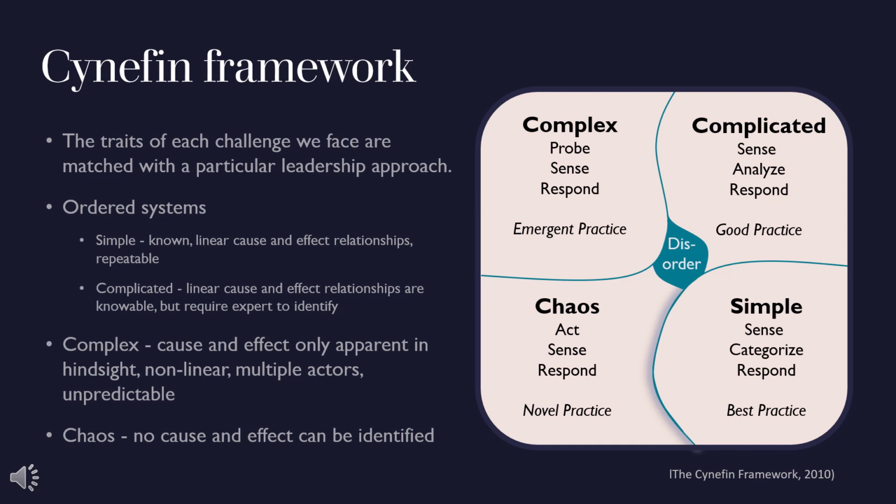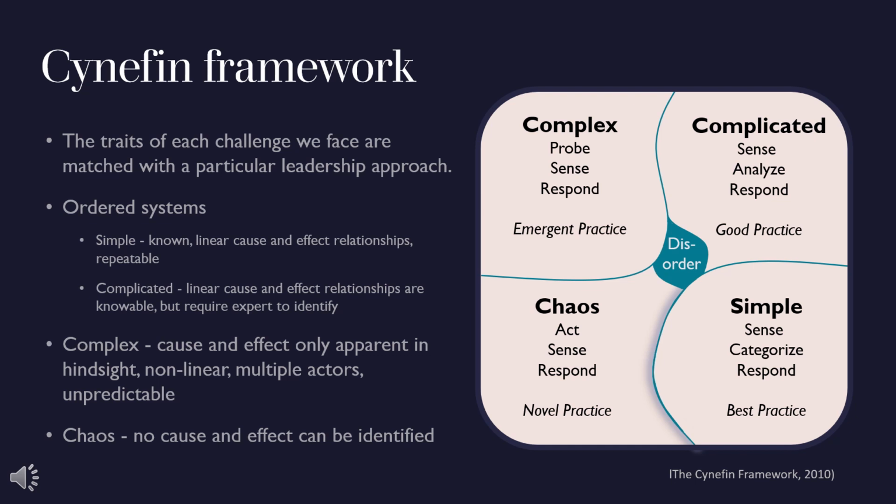So when we are trying to make sense of how to engage with a simple system, our process is to first sense, to gather that information about what is occurring, categorize that information, and then respond based on those agreed upon categories, then implement that intervention. And this is the category of best practice. This is where best practice fits because there's an agreed upon way to approach these challenges.